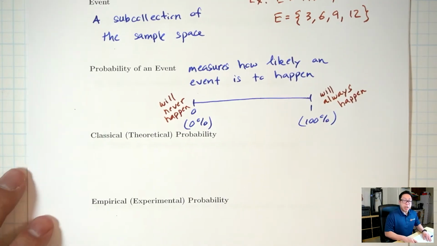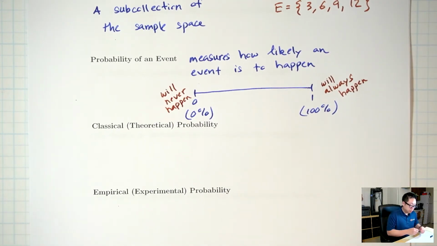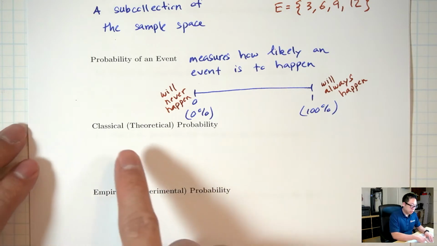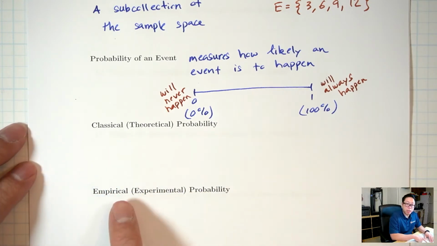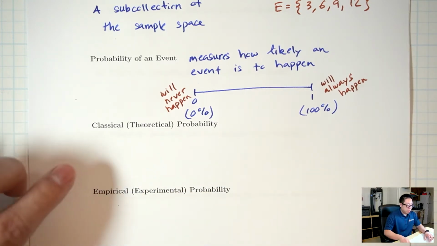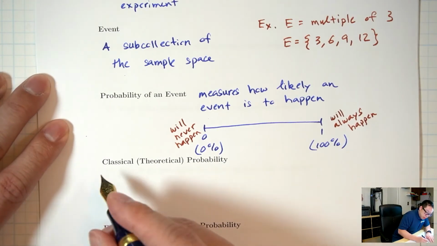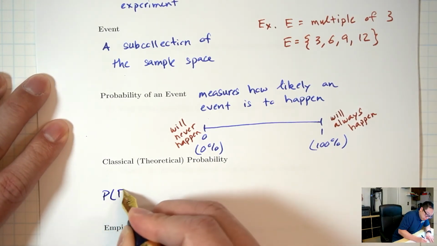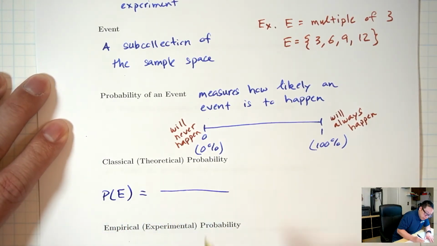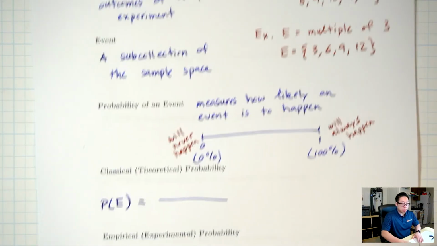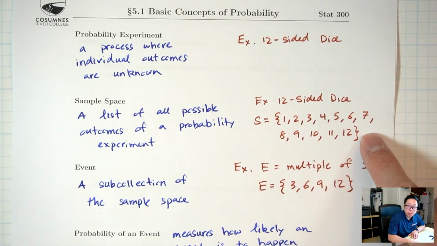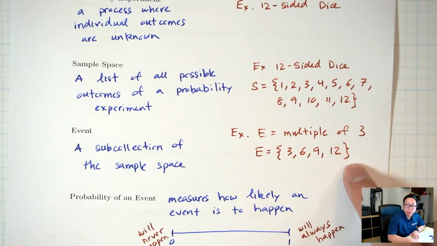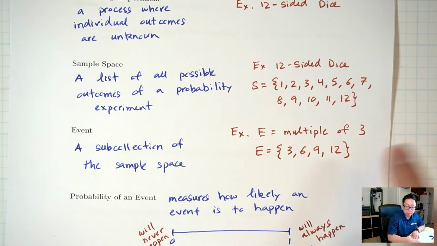So how do you actually calculate probabilities? There's two approaches, classical probability and empirical probability. In the classical probability approach, we're going to count. So we're going to count how many outcomes are in the sample space and how many outcomes are in the event that we're interested in. Okay.